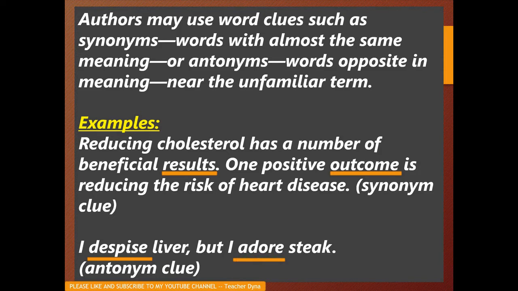It means the antonym of adore is the meaning of despise. So with these 2 examples, we can now understand the sentence. In this text, we already know and we already defined the words.